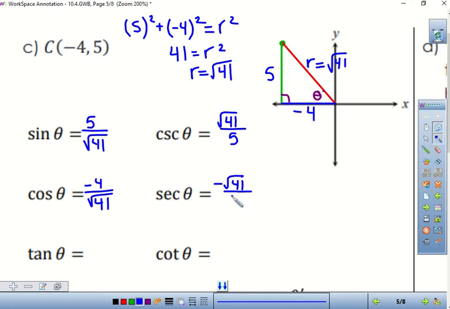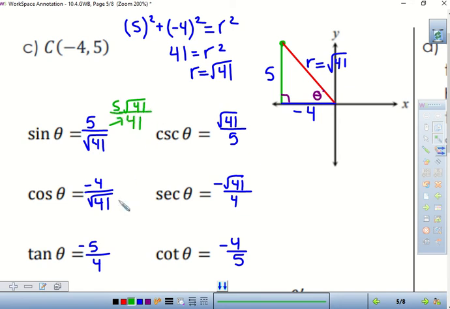And tangent is opposite over adjacent. Cotangent is adjacent over opposite. Now we will rationalize sine and cosine, like that.